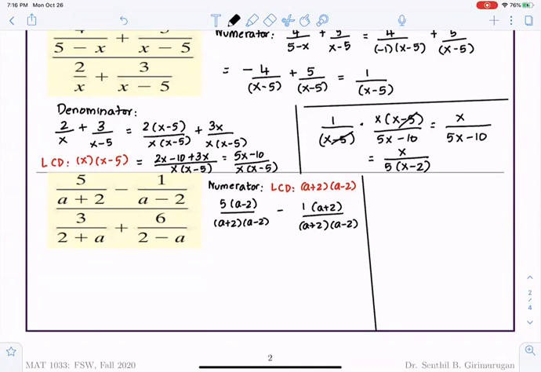And we all know that a plus 2 times a minus 2 is a squared minus 4. So a squared minus 4. Numerator is 5a minus 10. Distribute the negative, we get negative a, negative 2, which would give us 4a minus 12 divided by a squared minus 4.